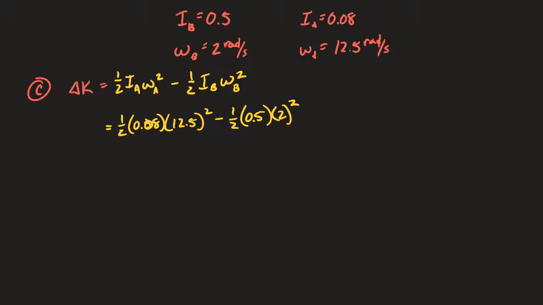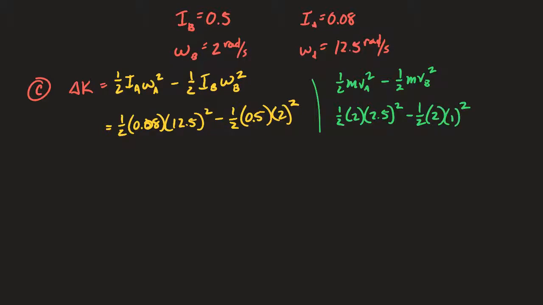Now you guys who are super smart, you could also do 1/2 mv squared minus 1/2 mv squared. Since we calculated the linear velocity, you could do it this way. The mass never changed though, but the linear velocity changed a lot. So this would be 1/2 times 2 times 2.5 squared minus 1/2 times 2 times 1 squared. This will give you the same answer. It doesn't matter which one you do. I am likely to not ask about the linear velocity, which makes this one a more likely scenario.